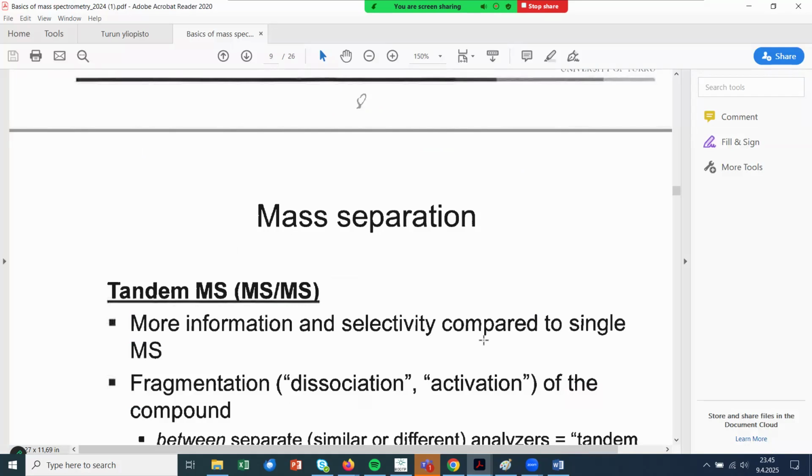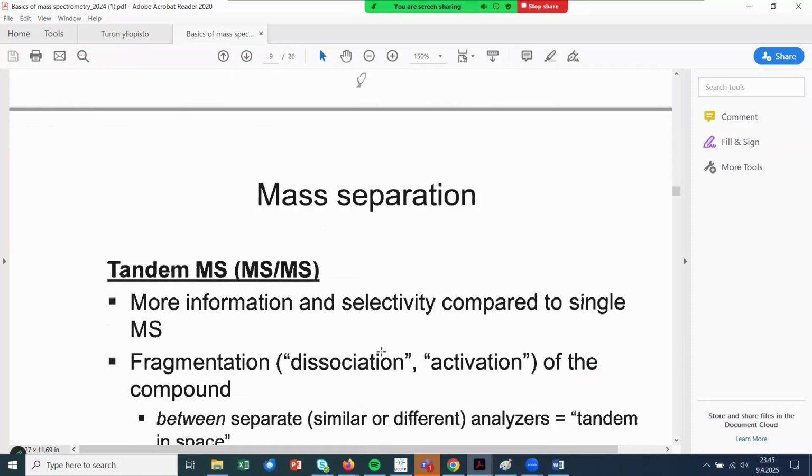Okay, then we have this concept of tandem mass spectrometry, MS/MS. In the earlier examples we only had single MS analysis, be it SIM or scan. But we can get better and more selective information if we utilize two steps of mass spectrometric analysis in series.